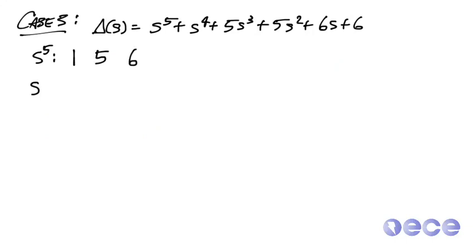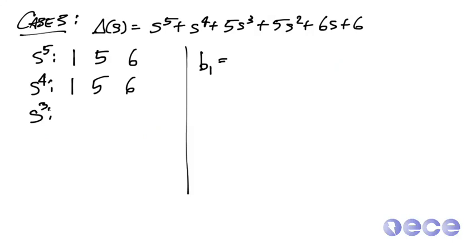The second row that we're going to pick, s to the 4th, is again based on inspection: 1, 5, and 6. So just like in the previous example, we see that we have a pattern here between the two rows. So we're going to build B1, again, the product of this determinant divided by minus 1.